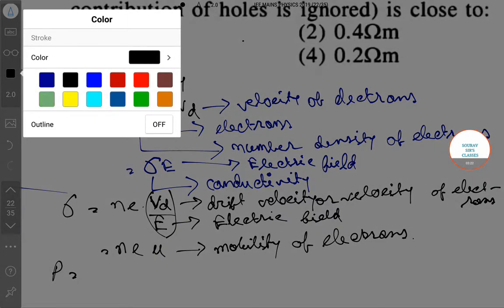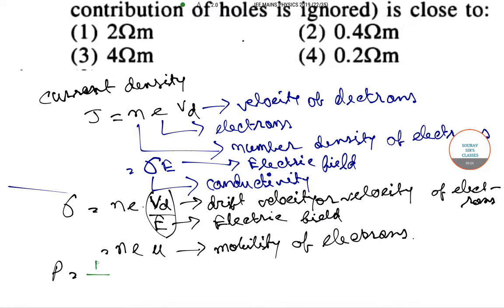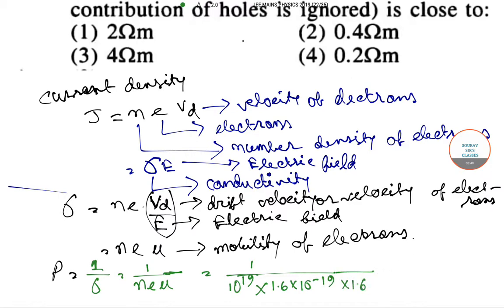So we can write the resistivity is inversely proportional to the conductivity, 1 by sigma equals 1 by Ne mu. The number density is also given, 10 to the power 19. This is the electron charge, 1.6 into 10 to the power minus 19 coulomb, and this mu is given as 1.6.